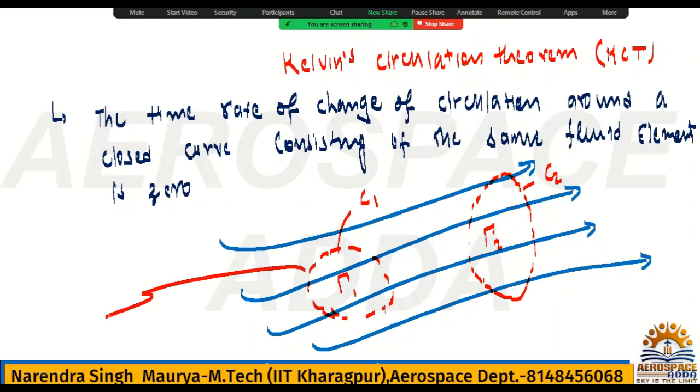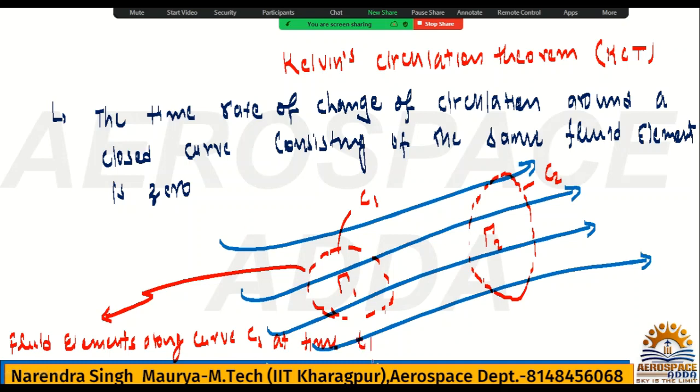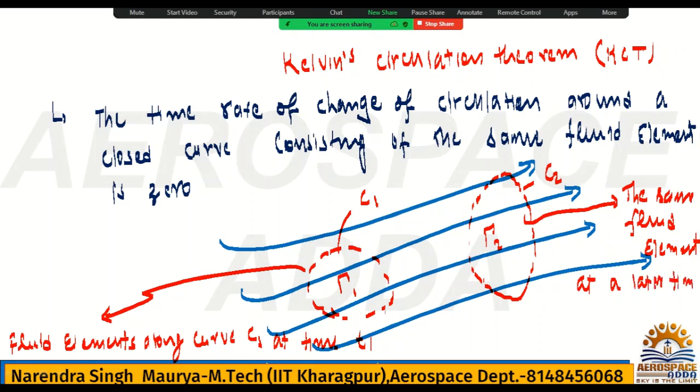Here I can write this statement also: fluid elements along curve C1 at time T1, and the same fluid elements for this curve also, but at a later time T2.